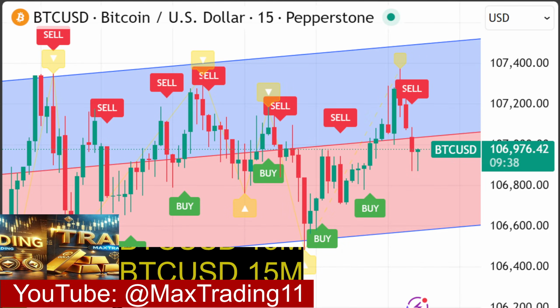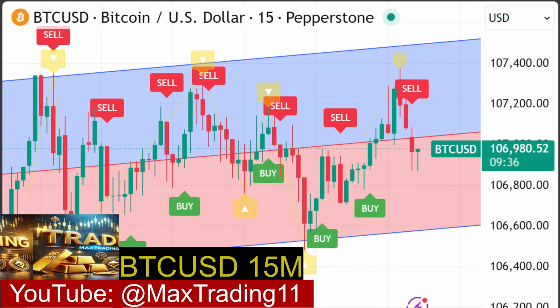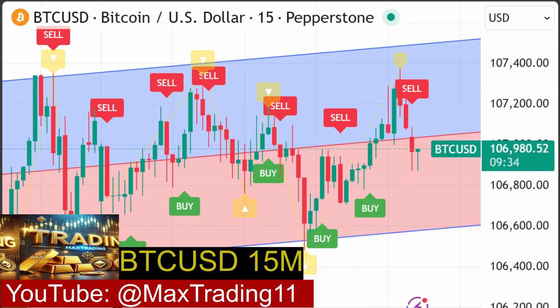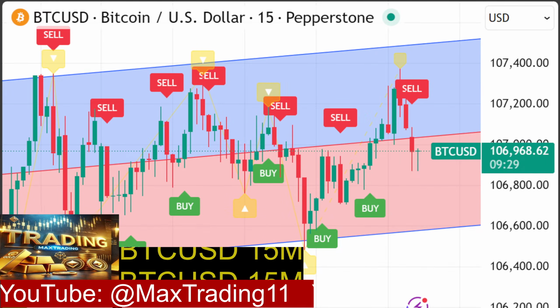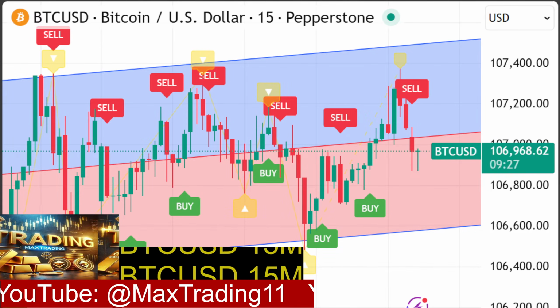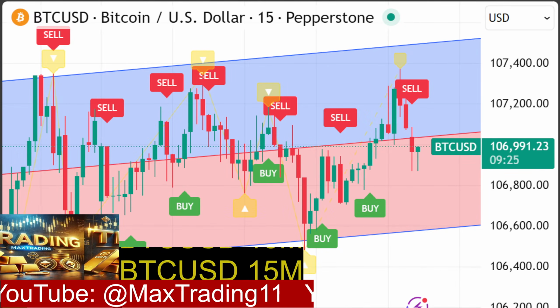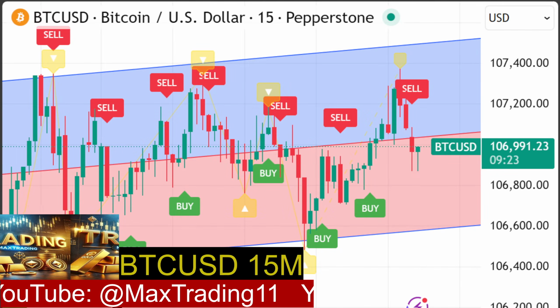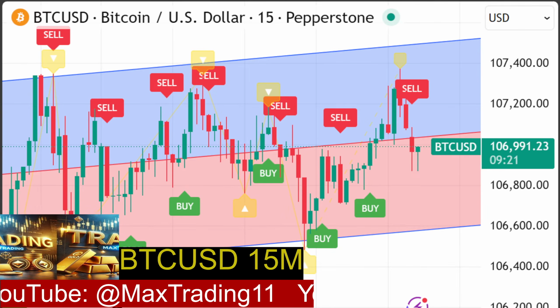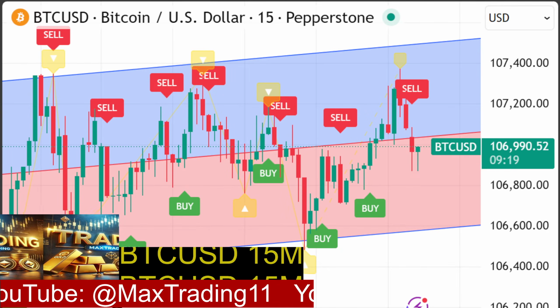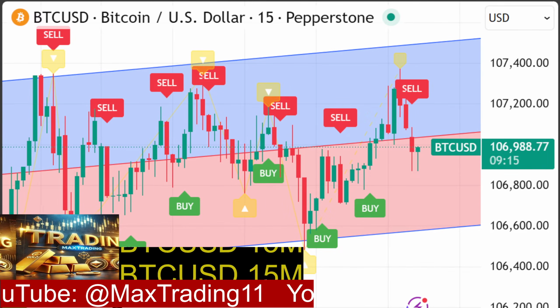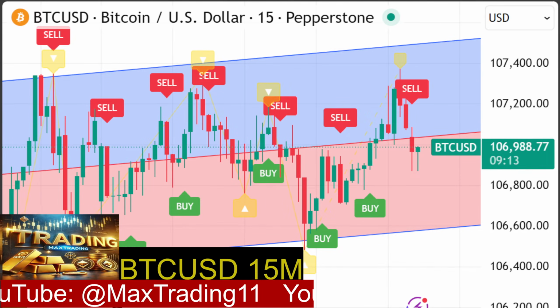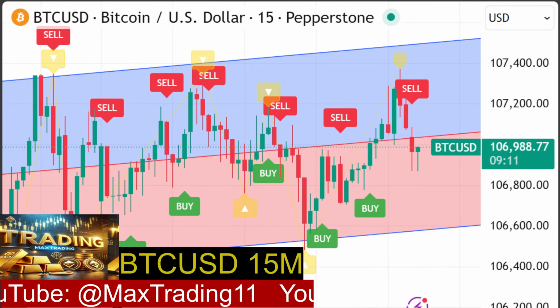Now let's explore the concept of confirmation layers. Before taking a position, it's essential to see multiple confirmations aligning. One, the channel direction matches the trade bias. Two, the zigzag prints a confirming swing point in that direction. Three, the signal indicator displays a matching buy or sell label.